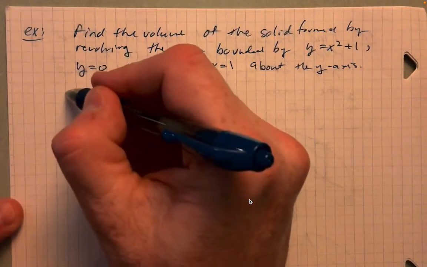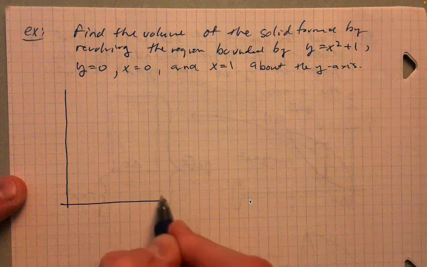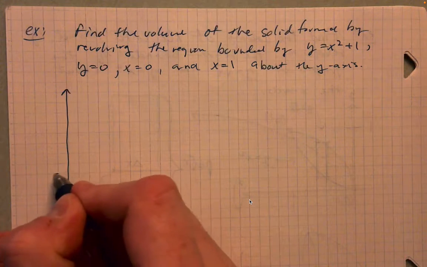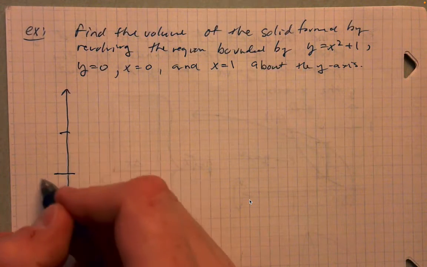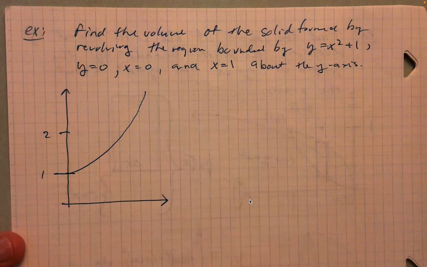So let's plot this and get a look at the planar shape and see what kind of things we have to think about here. And so y equals x squared plus 1. So that's just a quadratic function with a vertical shift. So we'll say this is 1, maybe that's 2. This guy is just going to come up like this.